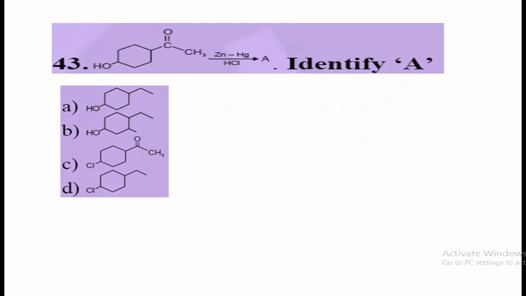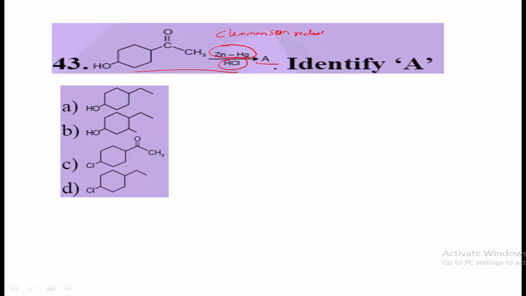43rd. In the given reaction, identify A. They have used zinc amalgam with acid. This is one named reaction that is very important for you, that is Clemmensen reduction.